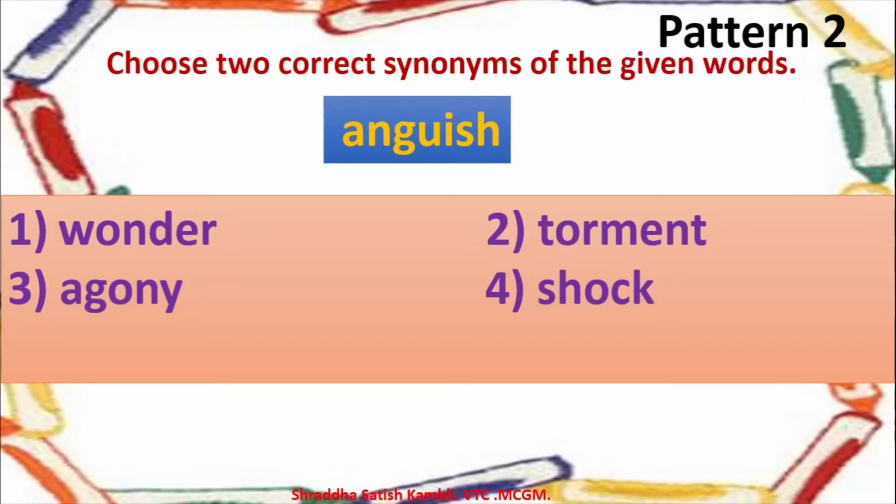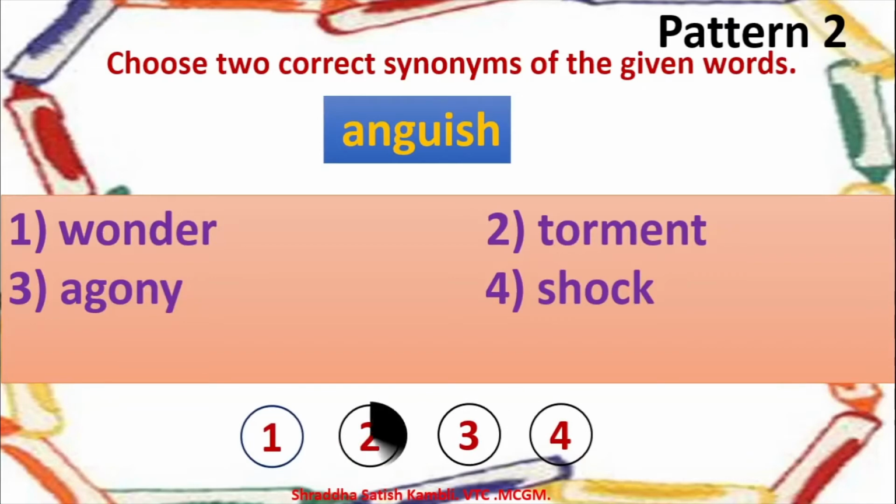Now you have 4 words here, so you have to select 2 of the words from this box. So is anguish another word for wonder? Is it a word for torment? Is it a word for agony or shock? So anguish means torment as well as agony.